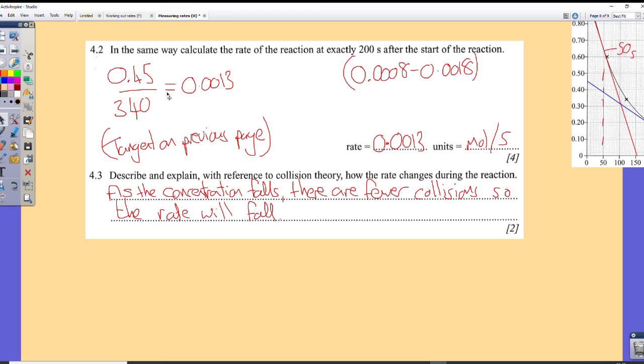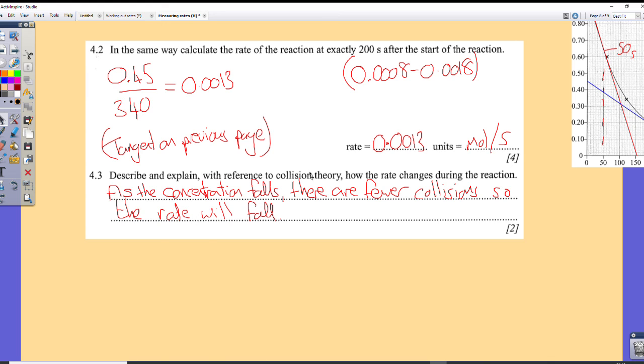So that divided by that gives us 0.0013 for the rate, and the units are still the same as moles per second. Now you could get anything in that range for that answer, and yours will probably be a lot better drawn than mine was.